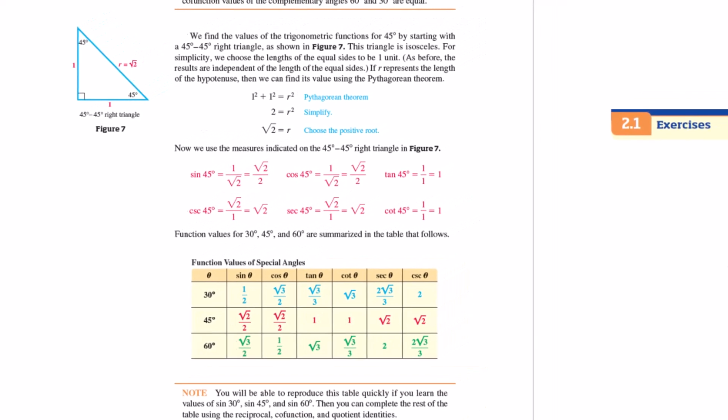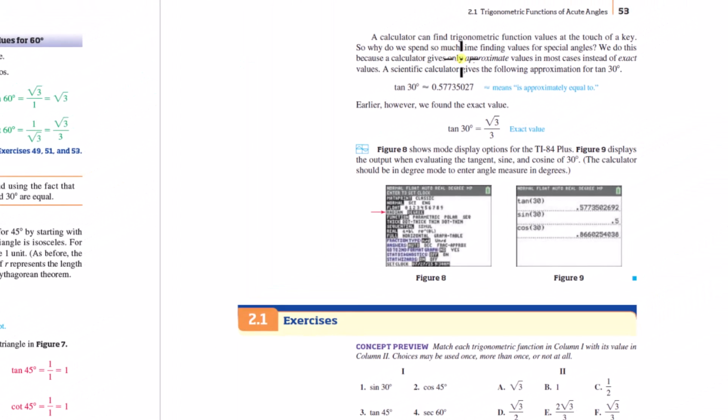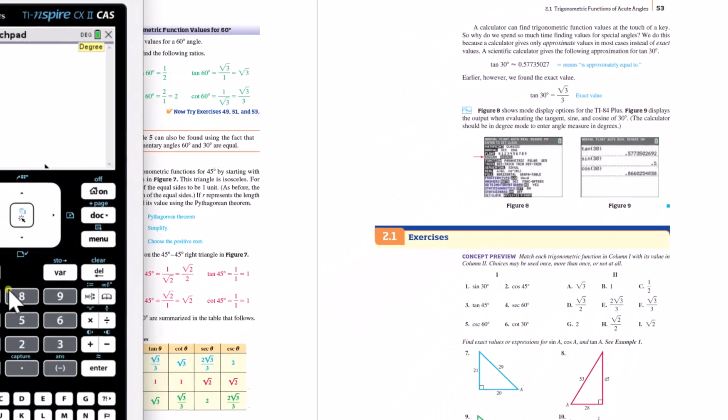Okay, a calculator can find trigonometric function values at the touch of a key. So why do we spend so much time finding the values for special angles? We do this because a calculator gives only approximate values in most cases instead of exact values. A scientific calculator gives the following approximation for tangent 30. Okay, we're in degree mode.